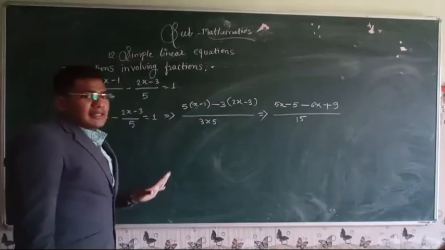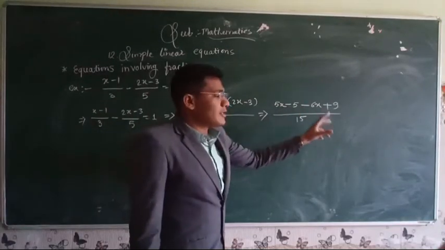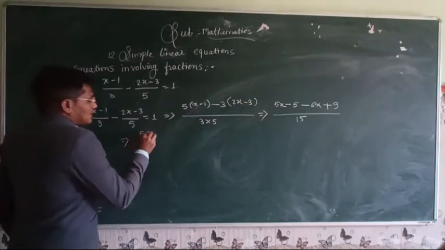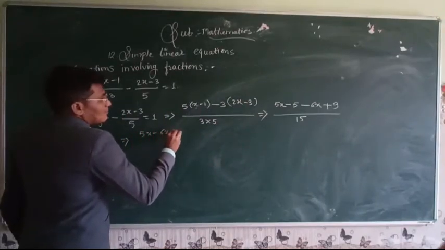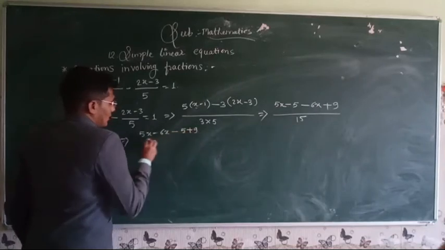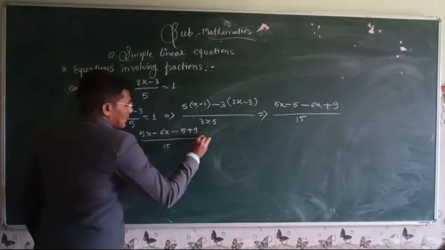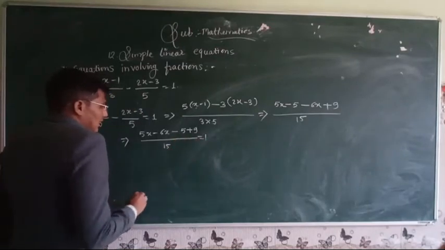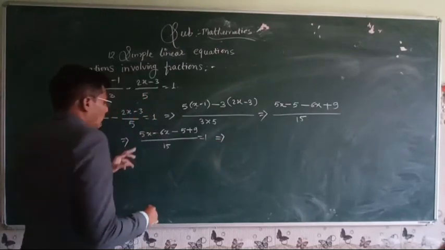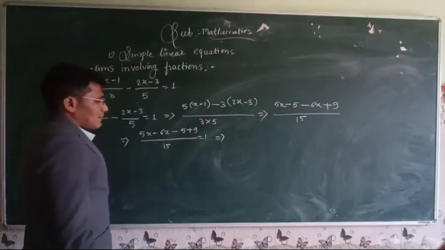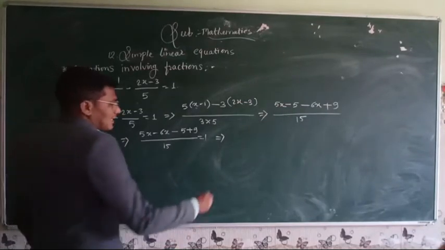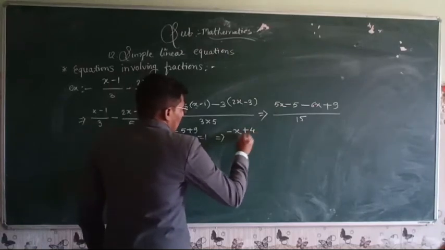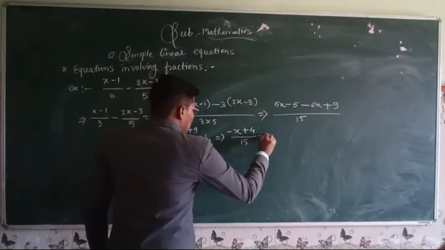Now combine the like terms in the numerator. So we have 5x minus 6x minus 5 plus 9 upon 15 is equal to 1. Let me solve it. 5x minus 6x is minus x, and minus 5 plus 9 is plus 4, upon 15 is equal to 1.